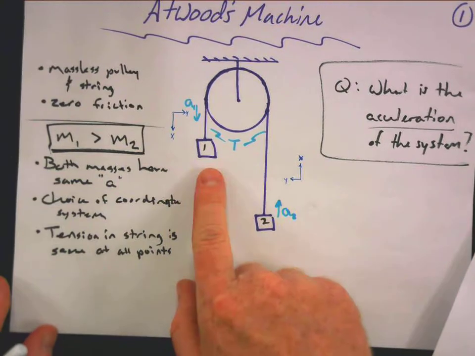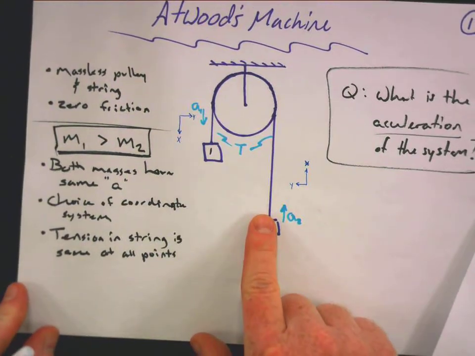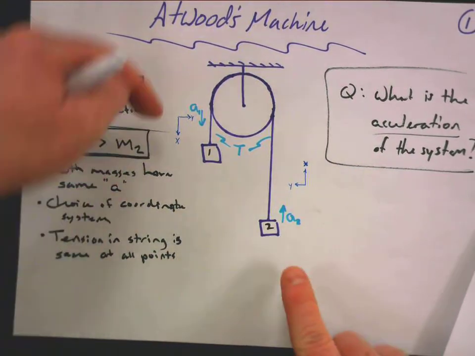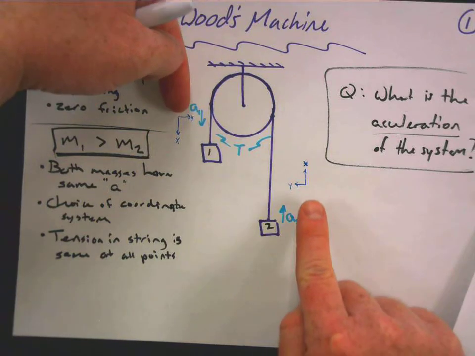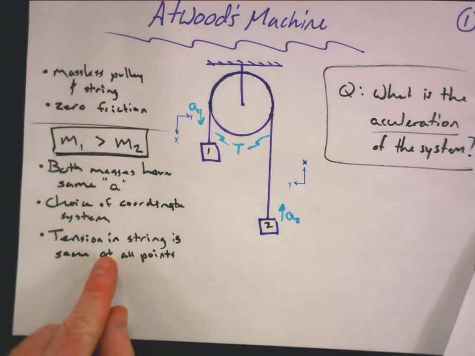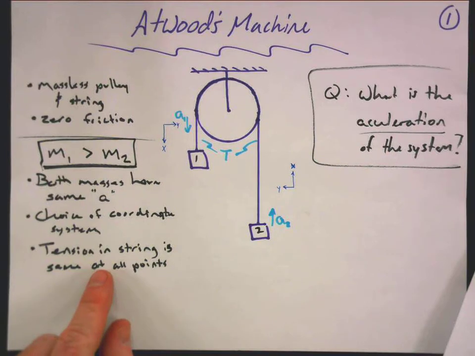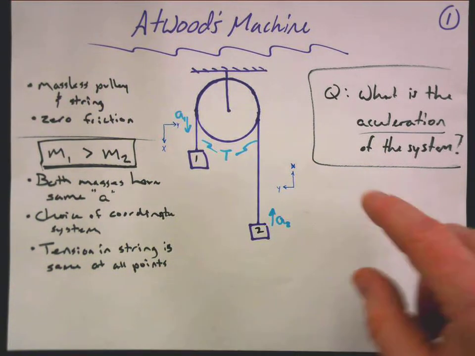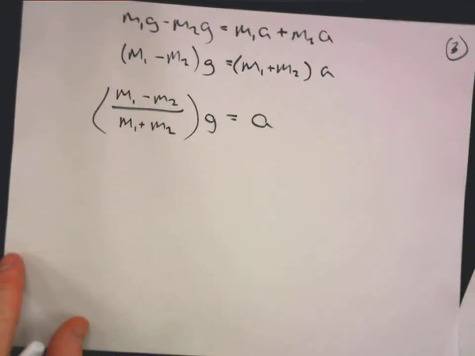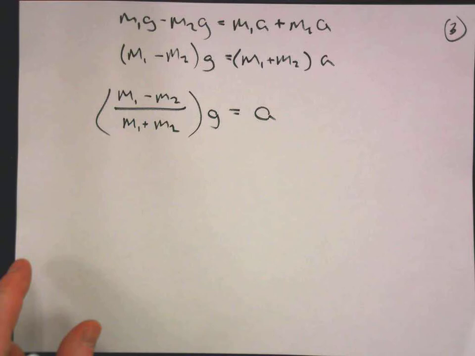They're connected objects. They must accelerate at the same rate. And we chose coordinate systems that allow them both to be accelerating in the positive x direction. Tension in the string is the same at all points. Sorry. And that's an explanation all in and of itself. If you'd like to hear more, come and talk to me. And it leads us to this.